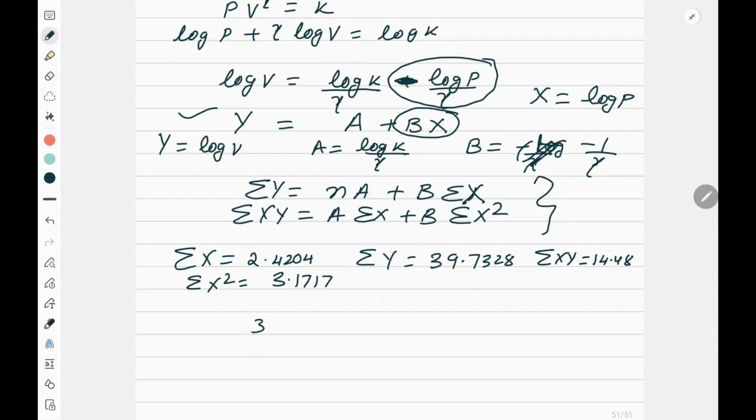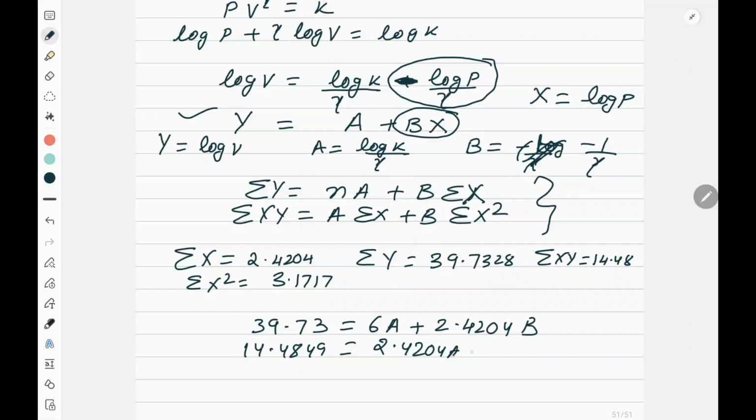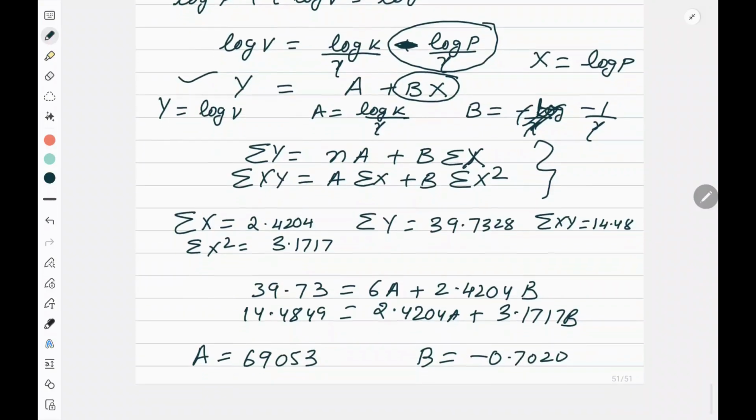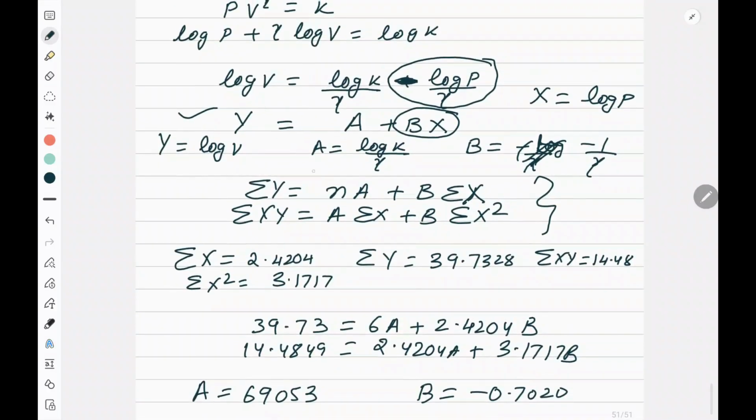Right? Substitute it in my normal equations. So what you will get? 39.73 is equal to 6a plus 2.4204b and 14.4849 is equal to 2.4204a plus 3.1717b. Solve this, you will get a is equal to 6.9053 and b is equal to minus 0.7020. Now we know the value of a.